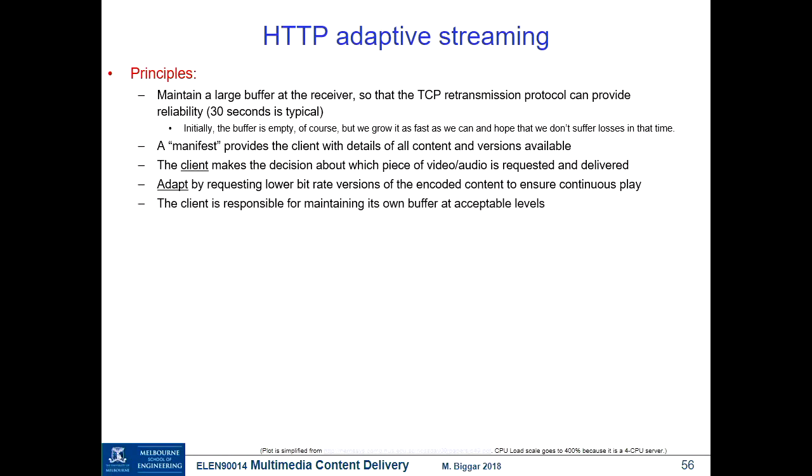And the client manages its own buffer at whatever level it wants. The client also can decide not to request content too far in front of where it's playing, to avoid wastage. If we prematurely cease to play the video, then we don't waste too much downloaded data.